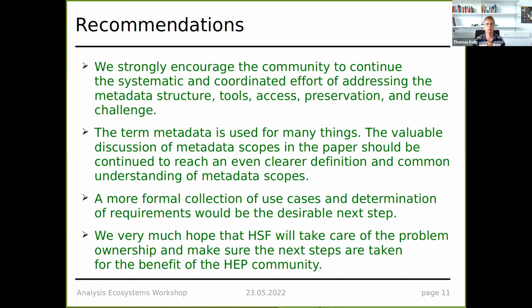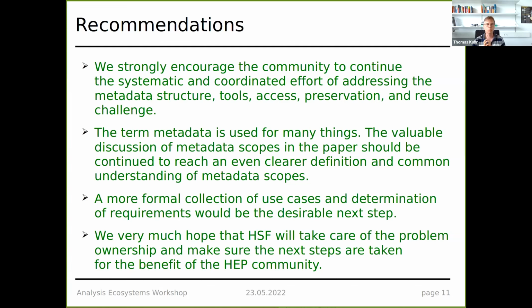We strongly appreciate this effort and encourage its continuation. Then, the term metadata is used for many things. The valuable discussion of metadata scopes in the paper should be continued to reach an even clearer definition and common understanding of metadata scopes.